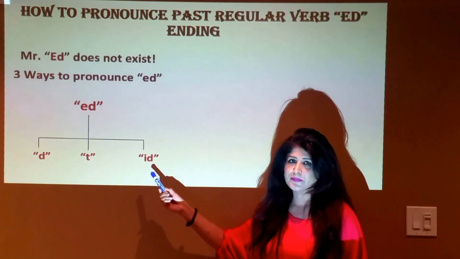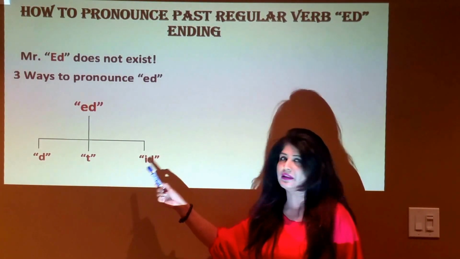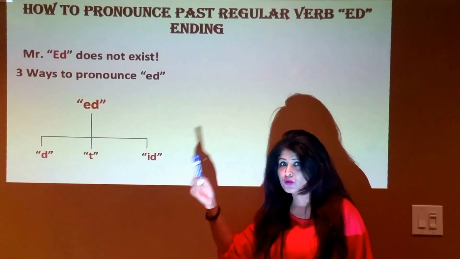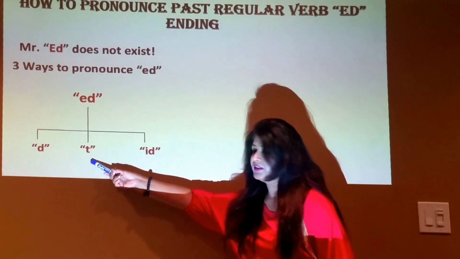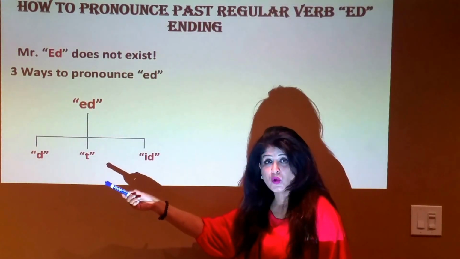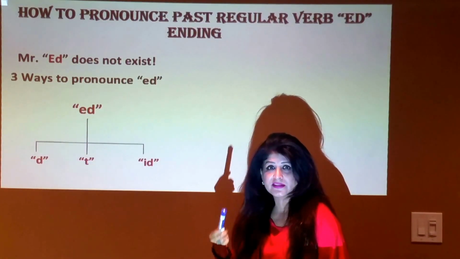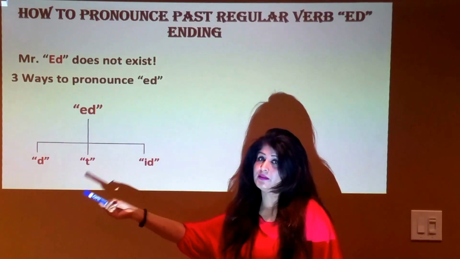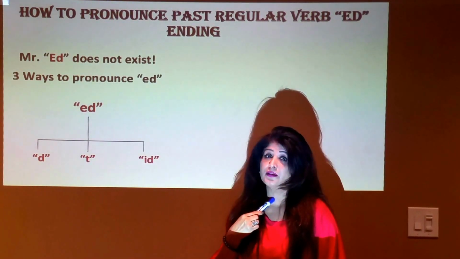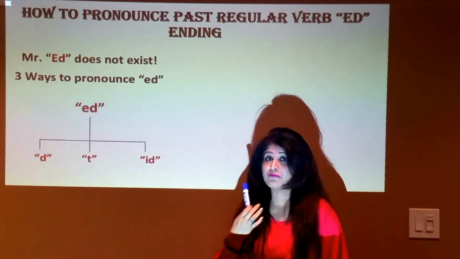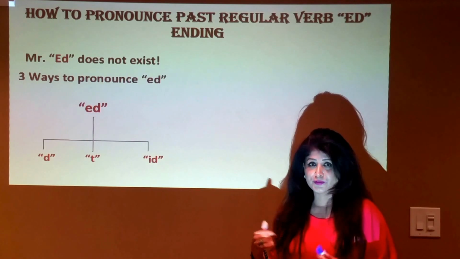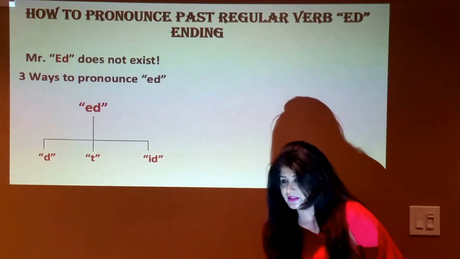It is very simple. Id goes only with verbs ending in the consonants t and d. T goes with unvoiced sounds, the sounds coming from your mouth, and d goes with the sounds that come from our throat with a vibration. Having said that, let's do some examples so you can understand.